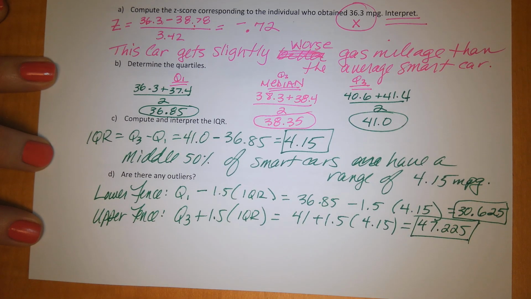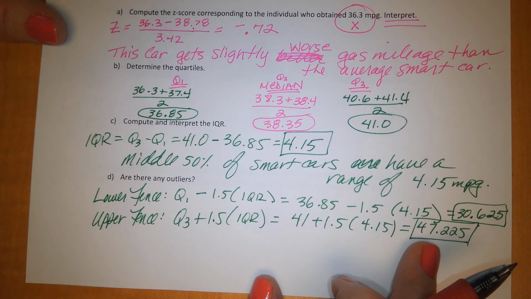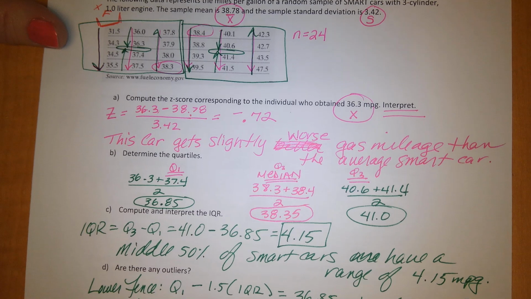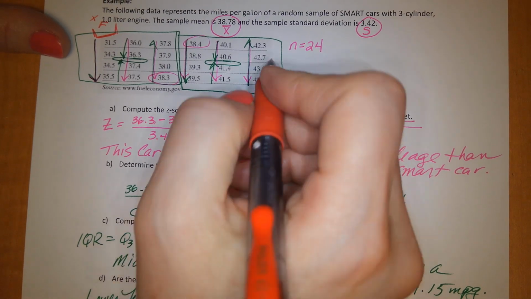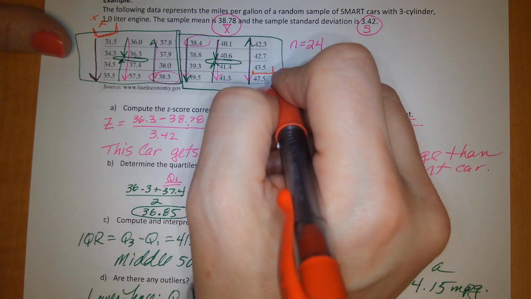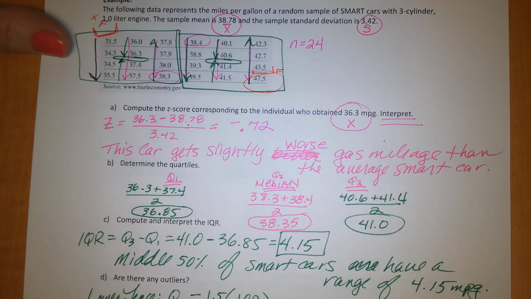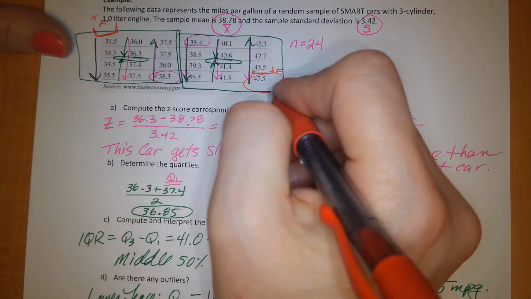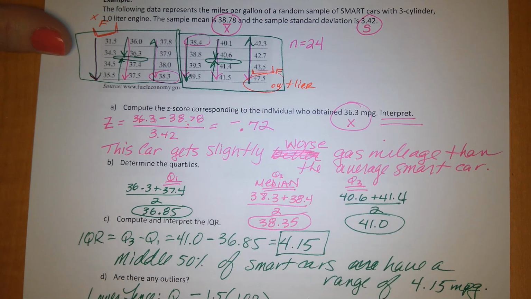If I, again, go back up to my data set and look at the fence of 47.2 miles per gallon, 47.2 would be right in here. 47.2 would be my upper fence, which states 47.5 is an outlier because it is outside of the upper fence.